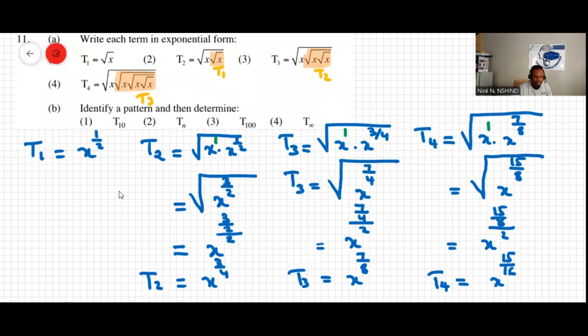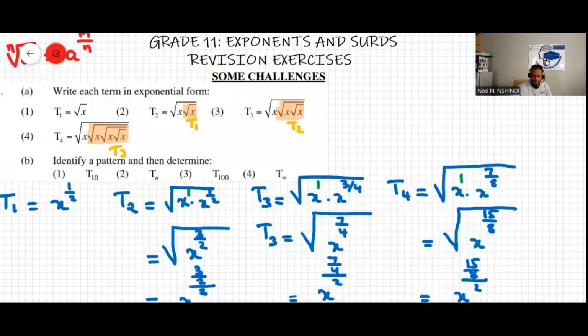Let me write it over here. We have here square root of x, and then it is again square root of x, square root of x, and then the whole of term 1 was here in term 2. In the root, x times term 1, and then root x times term 2, and then root x times term 3. So we can write this pattern as the square root of x multiplied by the previous term, which can be written as T n minus 1.